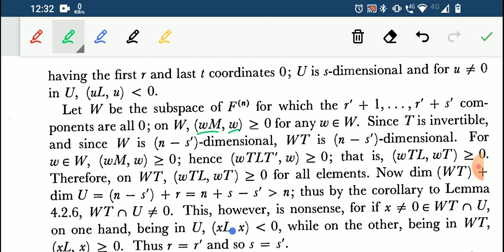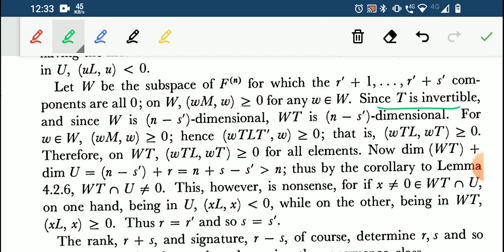If W is negative, W into M will be a negative value, and the inner product with the negative W once again gives a positive value. So it will always be greater than 0. So W into M comma W, which is a quadratic form, is greater than 0 for any W belongs to W.